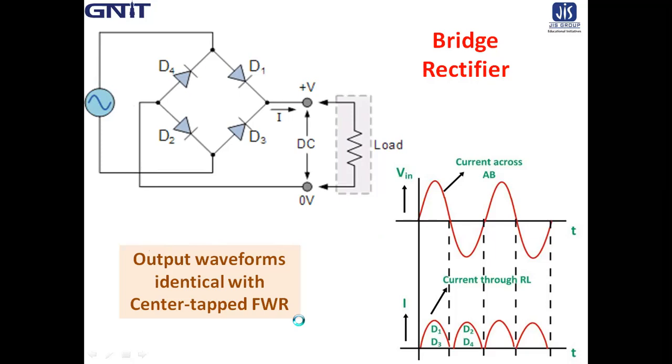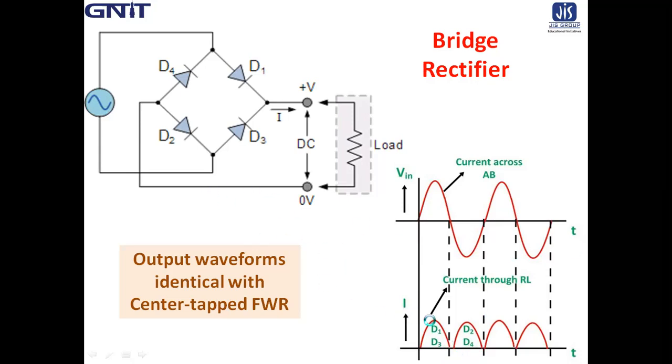The AC supply to be rectified is applied to the diagonally opposite ends of the bridge through the transformer. The load resistance RL is connected between the other 2 ends of the bridge. So we get the output for both the positive and negative half cycles of the input signal.